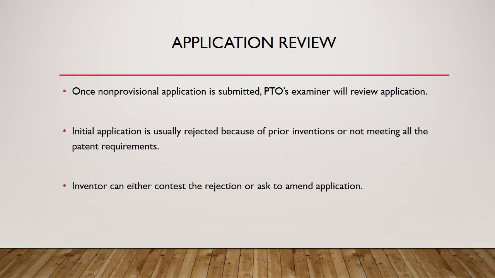And so you would amend the application if you're told that you haven't submitted all the required information. If you are rejected for prior art, then you would submit arguments and reasons, explanations why your invention is in fact different than the prior art that caused them to reject it.